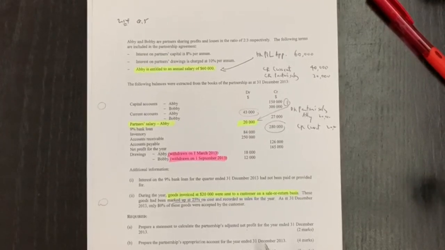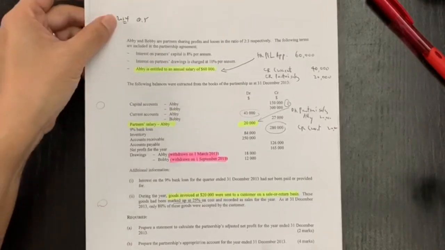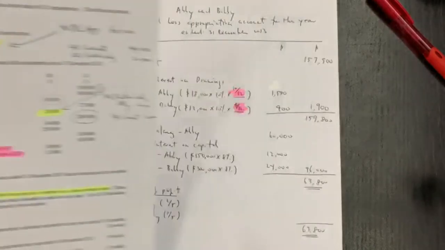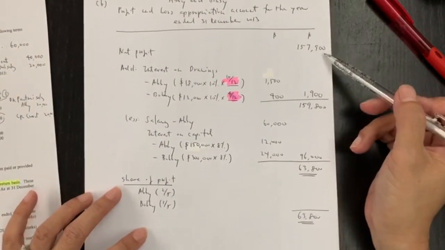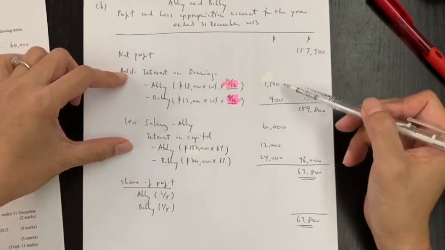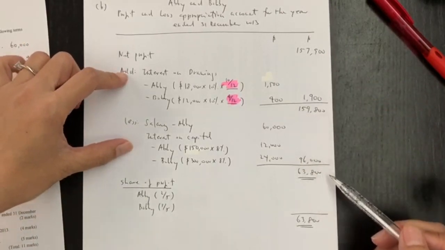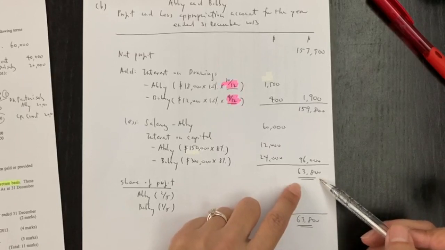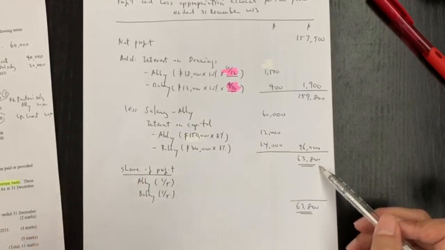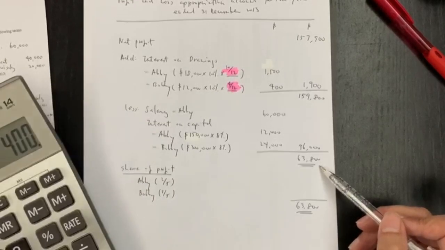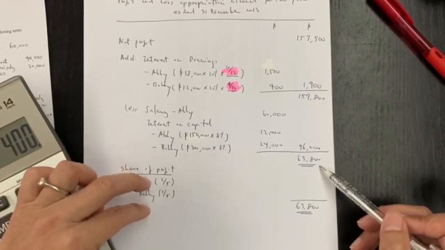Okay, now we have finished all the adjustments related to 2013. All right, so the final things. So after we have corrected the net profit and entered all things in the profit and loss appropriation account, we get this positive figure, and this positive figure will be share of profit. Okay, to share by Abby and Bobby in this ratio.